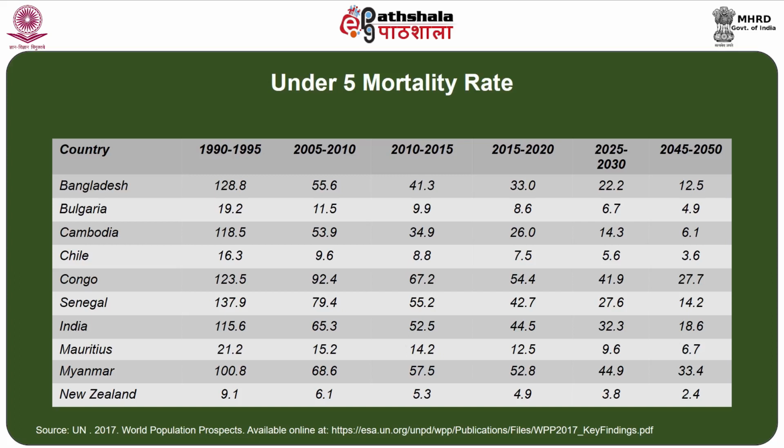Let us focus on mortality, especially early childhood mortality, that is, the under 5 mortality rate, from the period of 1990 to 95 to the projected years of 2025 to 2030 across these countries.